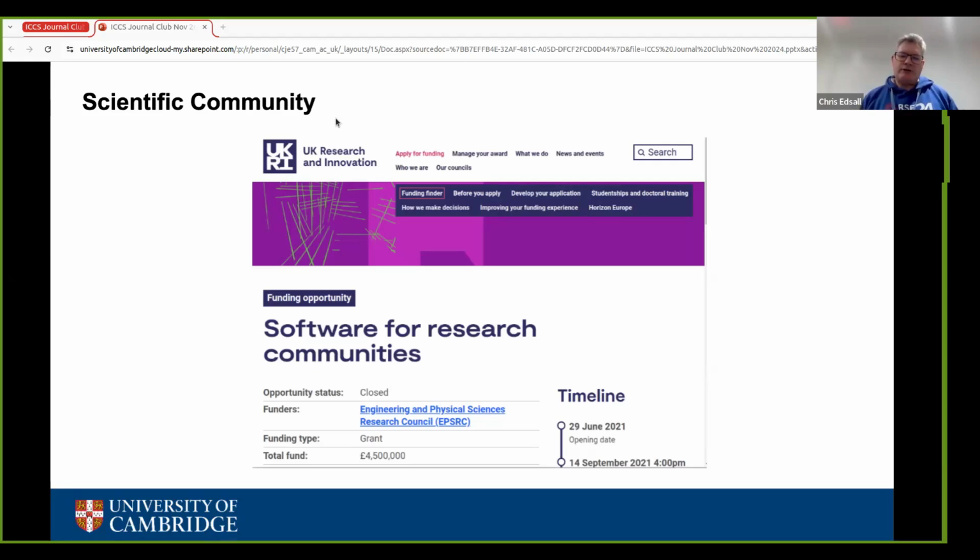But one of the interesting things was the criteria on which they were judging these applications. What they were preferring were research codes which had a community, evidence of a community, like mailing lists and conferences and user groups and things like that, compared to single researcher pieces of software.